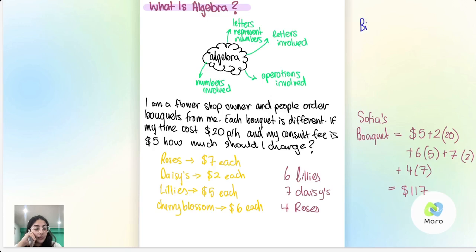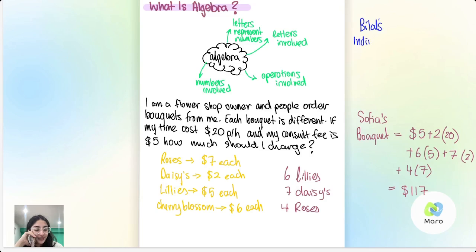A bouquet is a range of flowers. Is that what you want, or do you want me to just give you individual pieces? Individual. So you just want the stems by themselves? Yeah. Are you sure about that? Yeah. Okay.